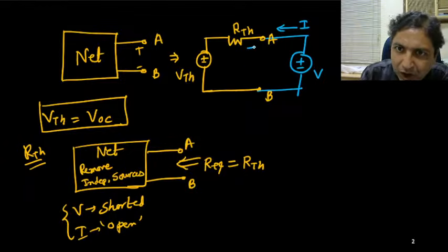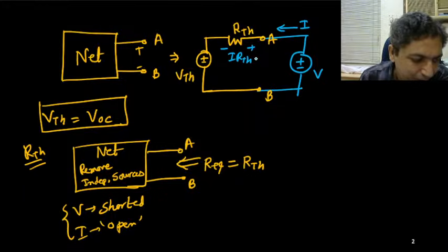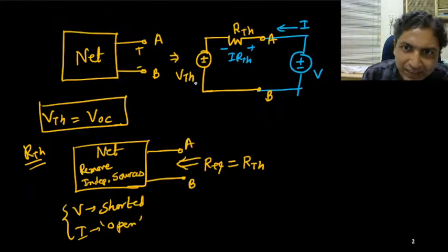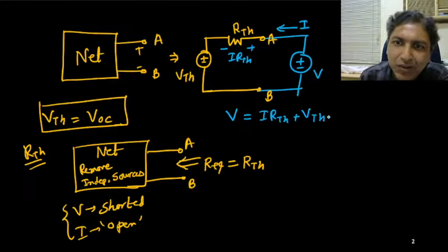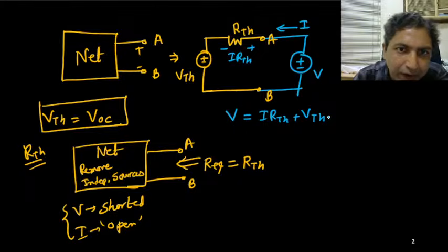The potential drop across RTH is I into RTH, and this is VTH. So the total voltage V will be equal to I into RTH plus VTH.